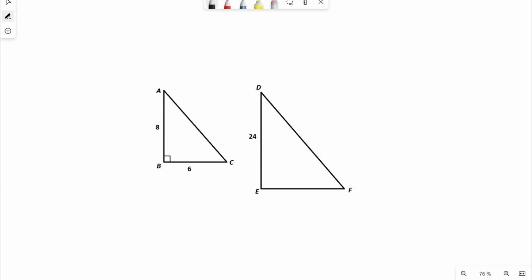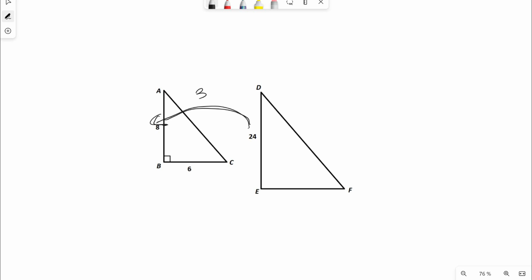This other one challenges you to find the other sides of the second similar triangle, knowing or finding the constant of proportionality. How could you find it? Either dividing this by this, or in this case I prefer to divide the other way. 24 divided by 8 is 3.